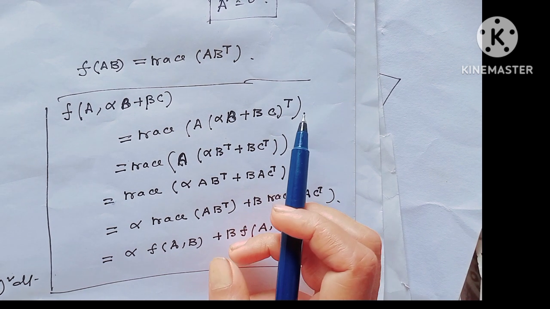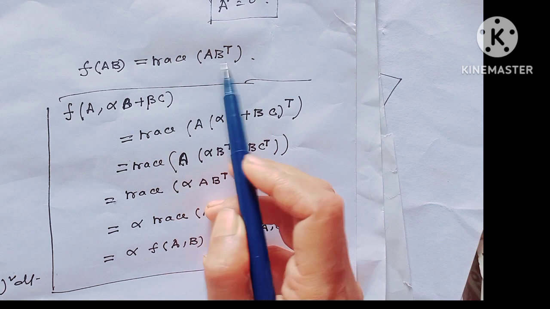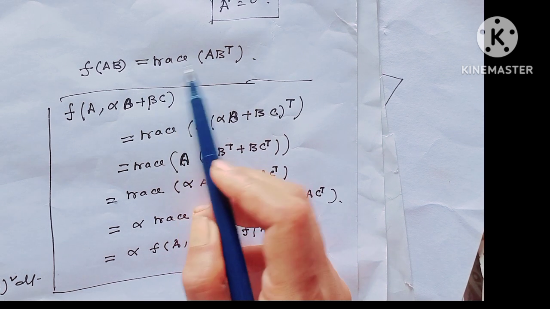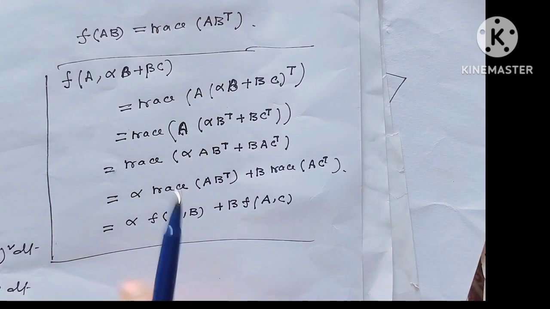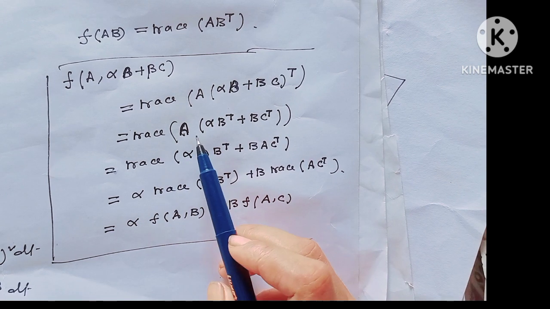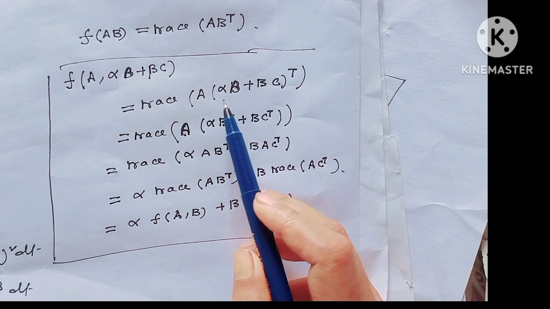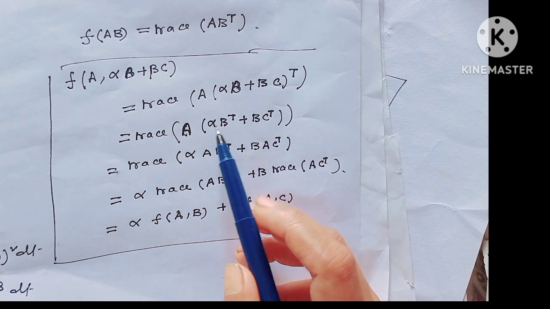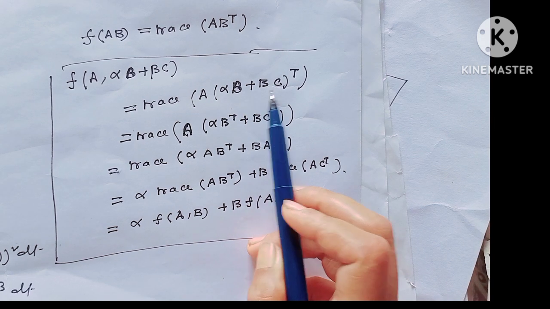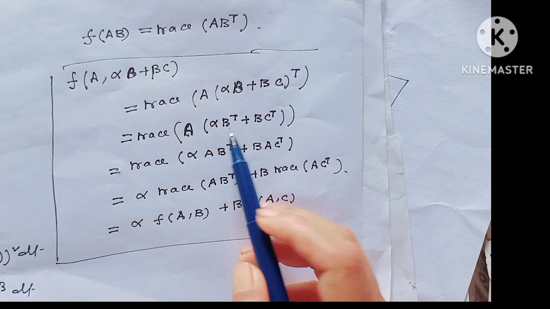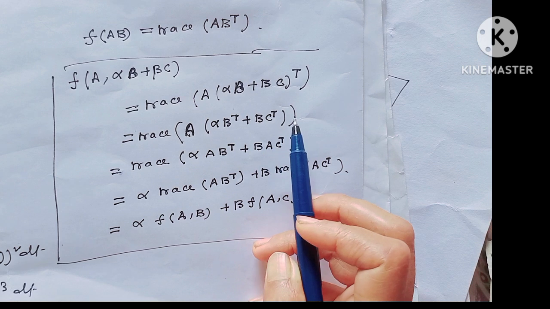By the property of transpose, this is equal to alpha B transpose plus beta C transpose.